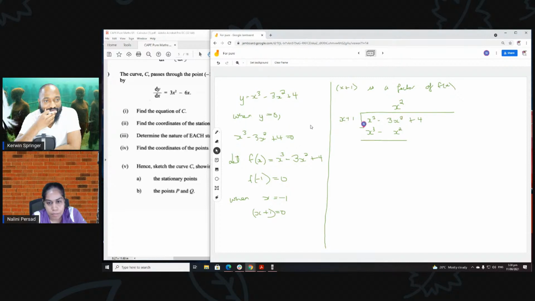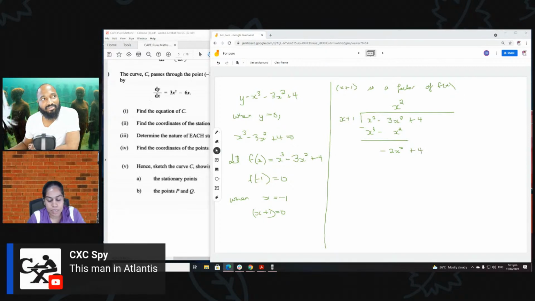Let's subtract, so minus 3x squared minus x squared. You'll get negative 3x squared plus x squared, which is minus 2x squared. Bring down the 4, which you get positive plus 4. X into minus 2x squared is minus 2x.